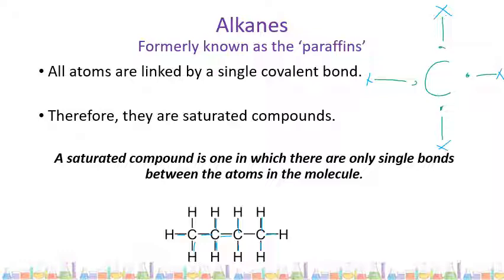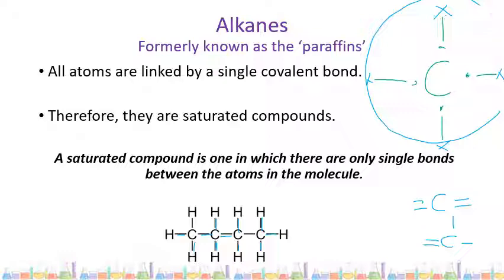So carbon could make 4 single bonds, as we see here. Carbon could make 2 double bonds to something else. It could make a single, or it could make a double and 2 singles. Any of those options are valid in the grander scheme of things, but for alkanes, it's only this one that we're interested in. They only have single bonds. And a saturated compound is one in which there are only single bonds between the atoms.